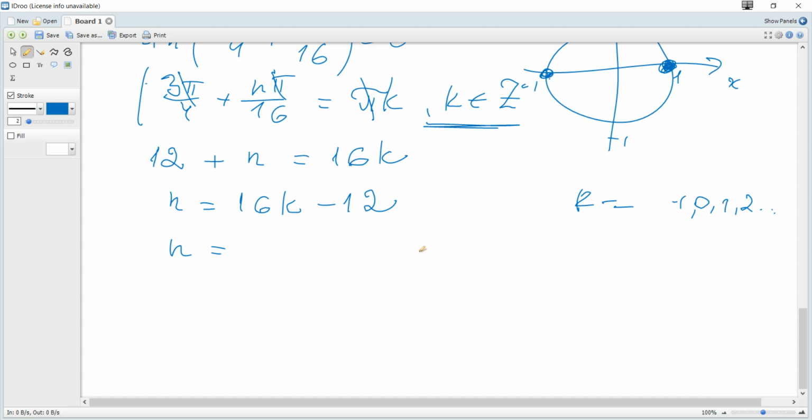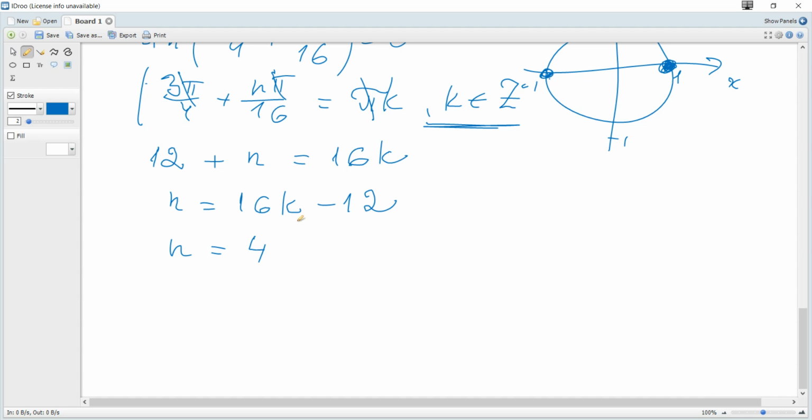Let's start with 0. When k is 0, n is negative 12, but we need n to be a positive integer, and when k is negative, we'll get negative values of n, but we need positive values of n. So when k is 1, we can see that n is 4. It's positive, it's the first positive integer.